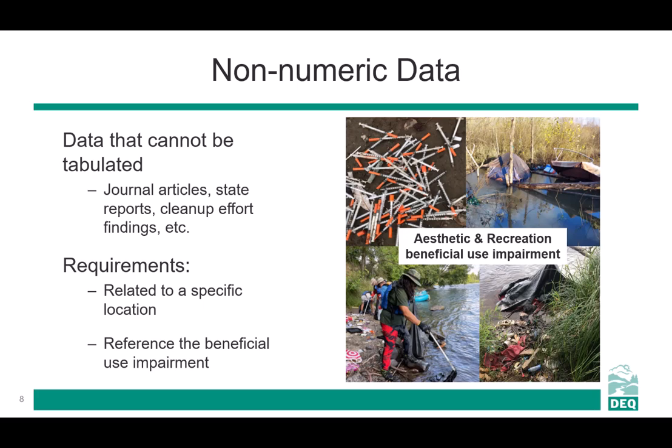Using the cleanup effort example, this would be the coordinates of the starting and ending location of the cleanup event. Your data submission must also make reference to the beneficial use that is being impaired. So going back to our cleanup effort, the beneficial use that's being impaired here would be the aesthetic and recreational beneficial use. Narrative data can be submitted using the same process as numeric data, which I'll describe next.